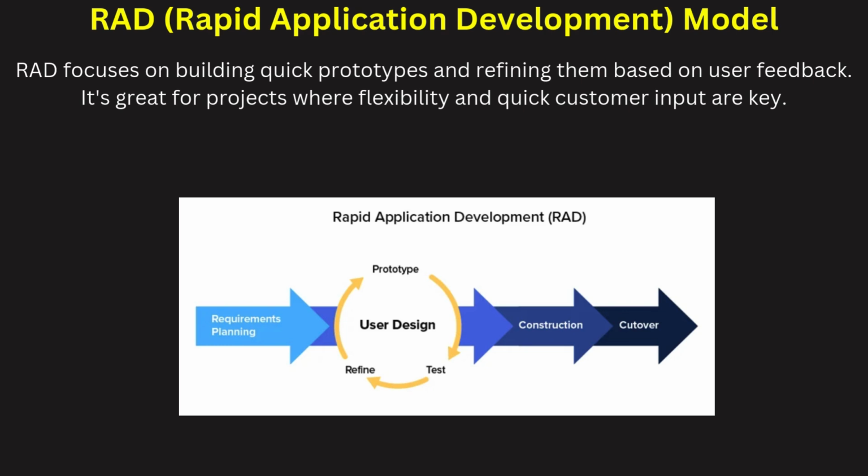RAD is suited for projects where the requirements are flexible and customer feedback is the key to shaping the final product, such as customer software solutions for businesses. However, it requires strong collaboration between the developers and the customers and is less effective for large scale projects where a prototype is not feasible.